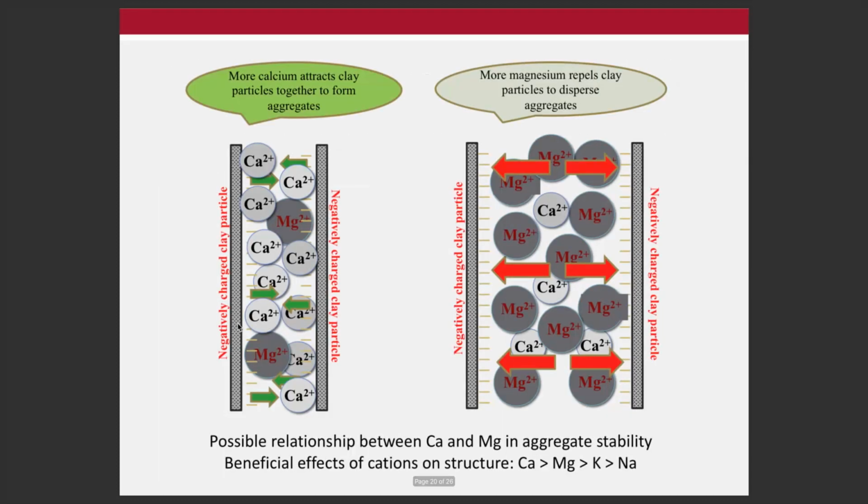So the idea then is that calcium has a smaller hydration radius, or hydrated radius, than magnesium, and sodium has a much larger hydrated radius than both. And so with sodium, we get a kind of dispersion of soil.